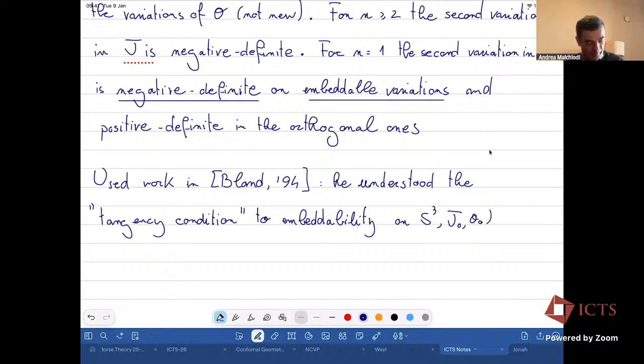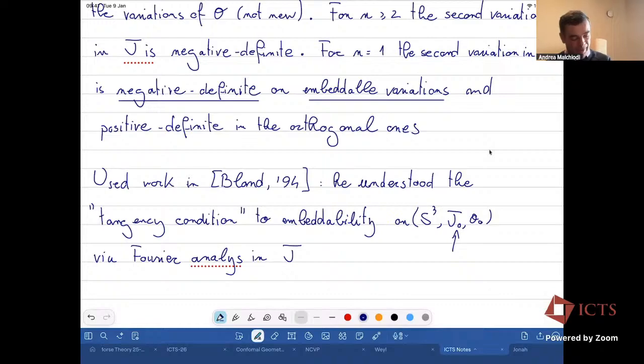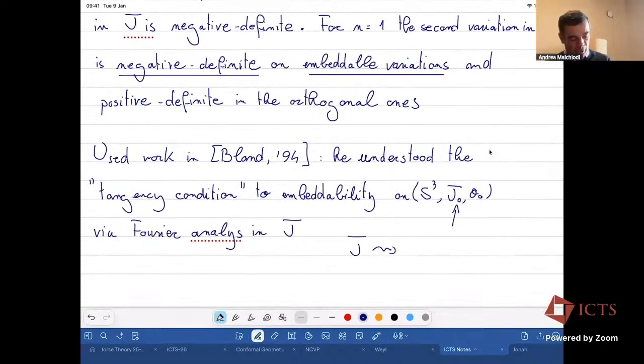So he varied the CR structure J, starting from J0 with contact form theta 0, and he understood which variations are infinitesimally embeddable via some Fourier analysis. So J0 goes into some J, and he understood in Fourier modes which are the deformations that infinitesimally preserve embeddability.